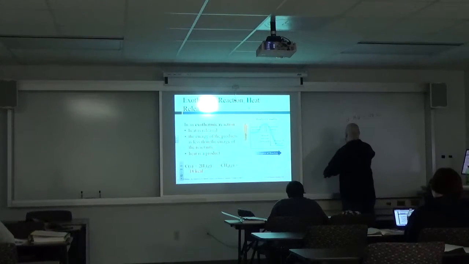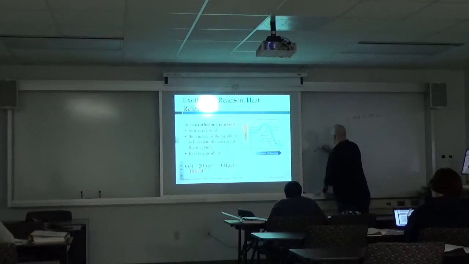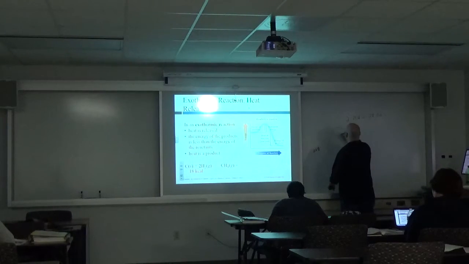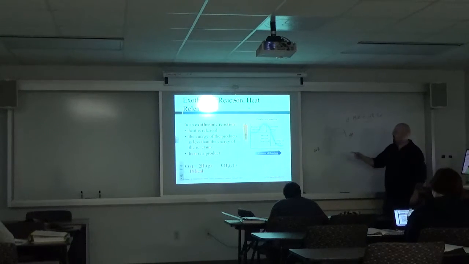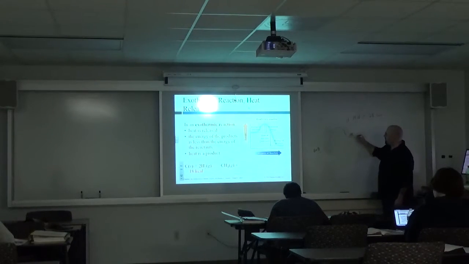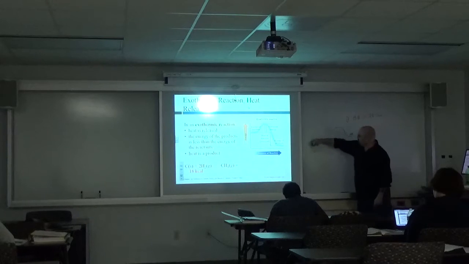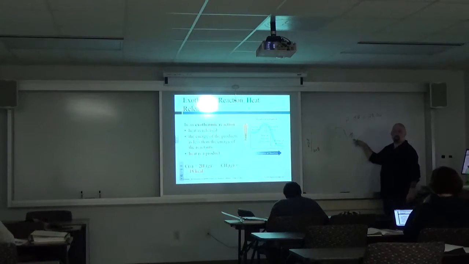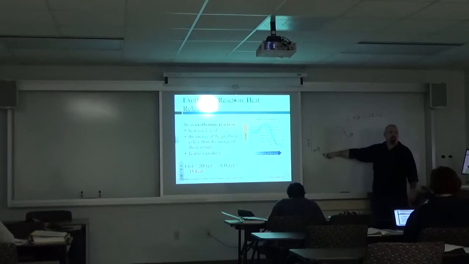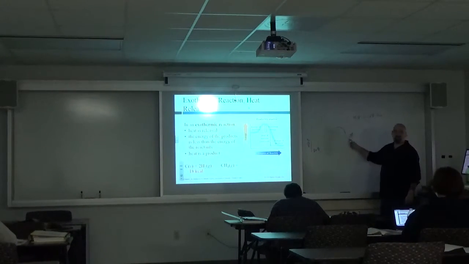If I draw this a slightly different way, if we take, say, two things and react them to form a complex of AB, if the end product here is higher in energy than the beginning, then we have to pay for that. We have to add enough energy to force them to take that shape.